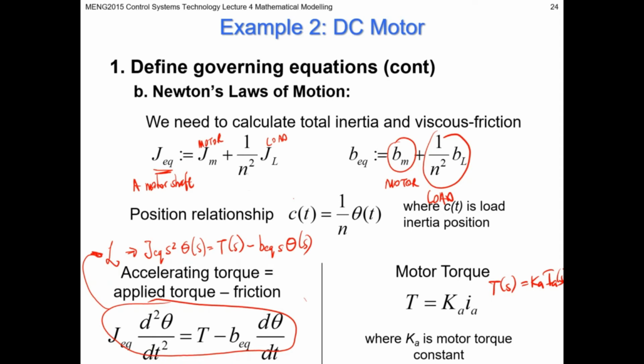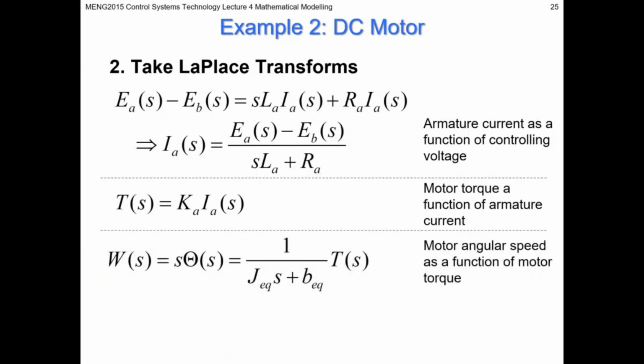So remember we have an equation here for BEQ as well. This one, so we have to substitute that in. So that's how we take the Laplace transforms of the mechanical part of the equation.